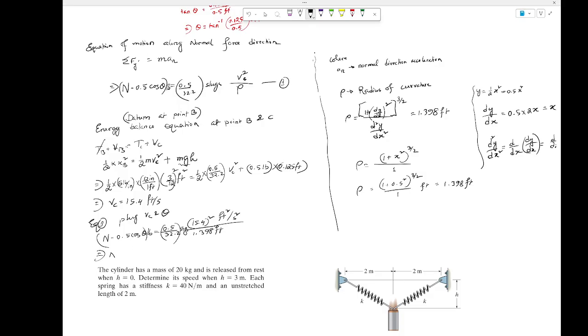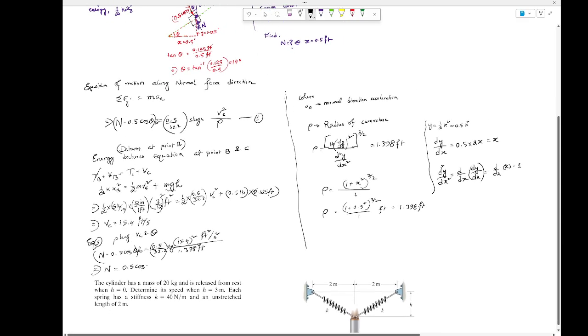So then this n value would be, anyone have a value of n yet? 0.5 cos. What is the theta value you guys are claiming? 14. All right, 14. Make sure it's in radians or in degrees when you find the value of theta. It is in degrees in your calculator? In degrees, okay, perfect.